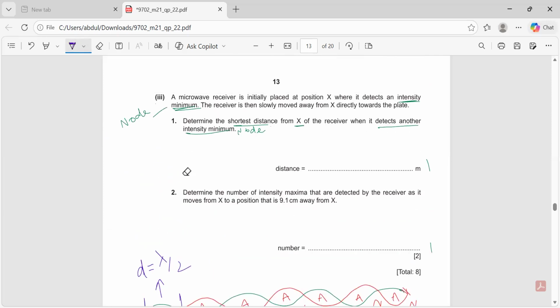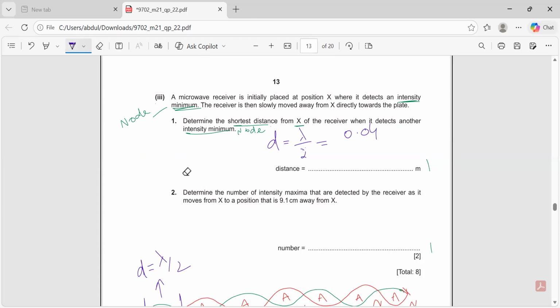So D is equal to lambda by 2. And they want the distance between, so 0.040 divided by 2, so answer will be 0.02 meters.